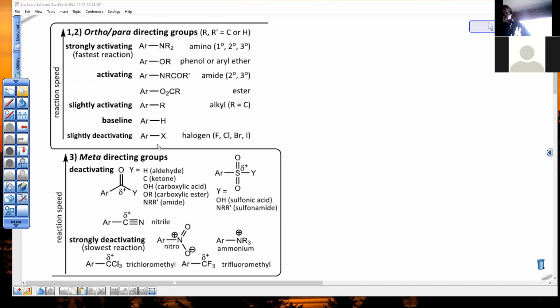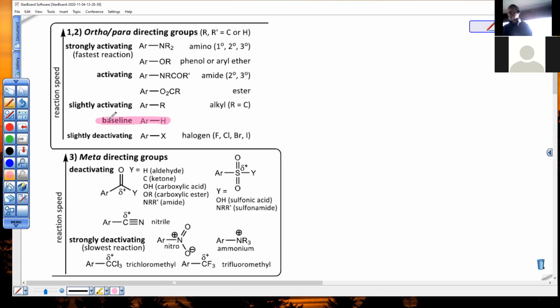Now, why do we have halogens here? Why are they ortho-para directors? And why does it say this new word deactivating? Deactivating compared to what? Oh, deactivating compared to the baseline, which is having no groups at all. Normal benzene, where there's an H there.